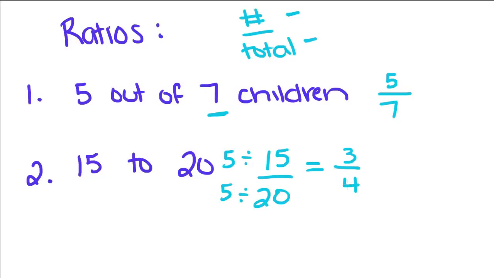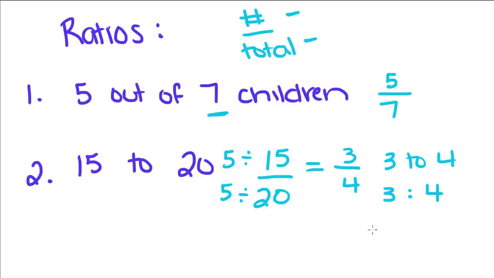Now there's several ways to write a ratio. We can leave it as a fraction, or more commonly you'll see 3 to 4 or 3:4. Now these all just mean that there's a 3 to 4 ratio of whatever you're talking about.